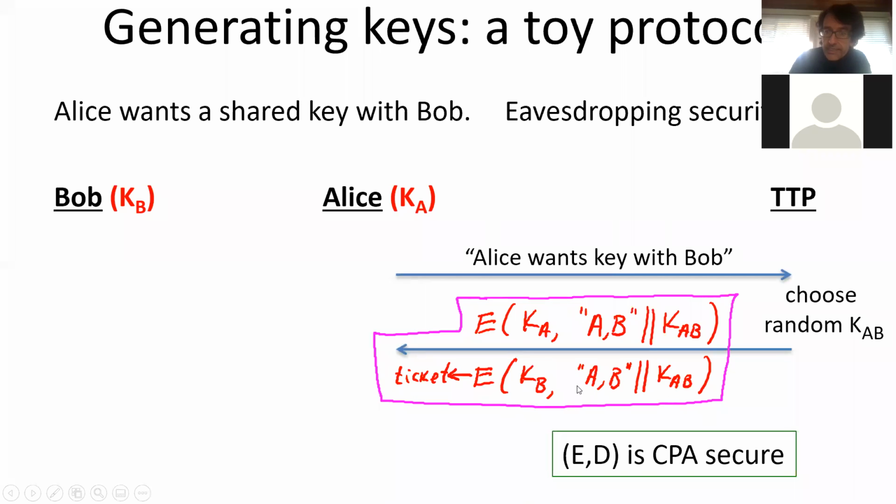So somebody can take this ticket and rewrite the identity here and switch the fact that this was a key given to A and B, replace the A with a C and say, okay, this key should be used with a C. They still didn't get the key, so perhaps this is safe. This is a useless attack because the attacker doesn't know this key. But stuff like that is a dangerous thing.